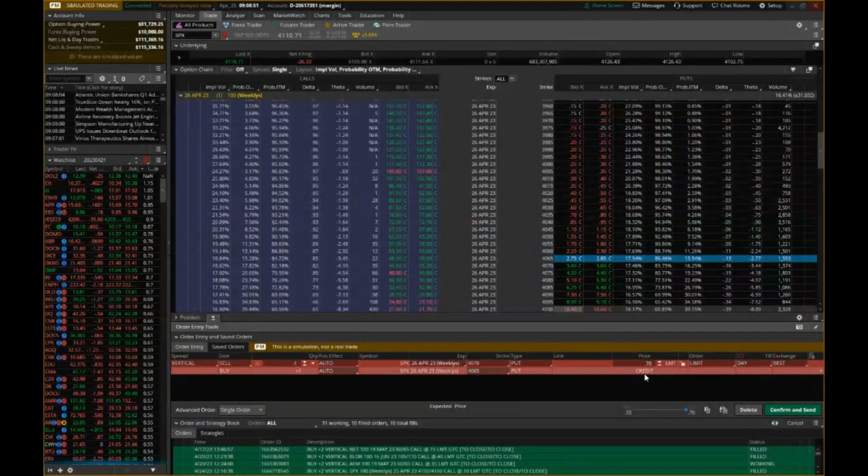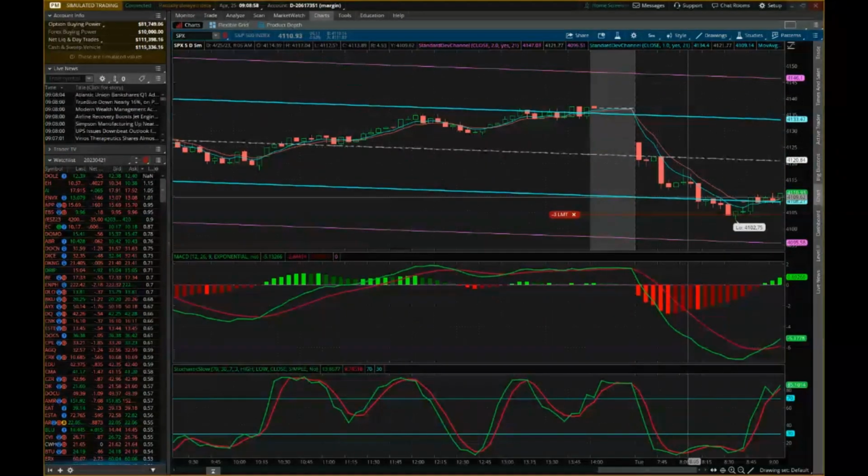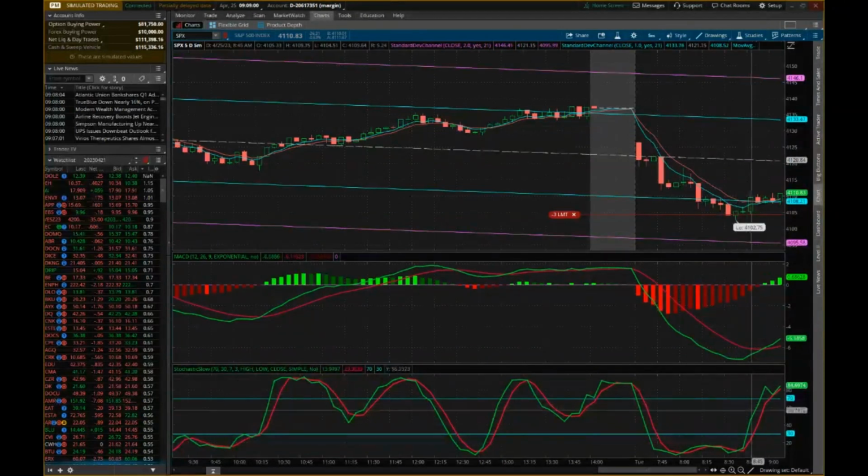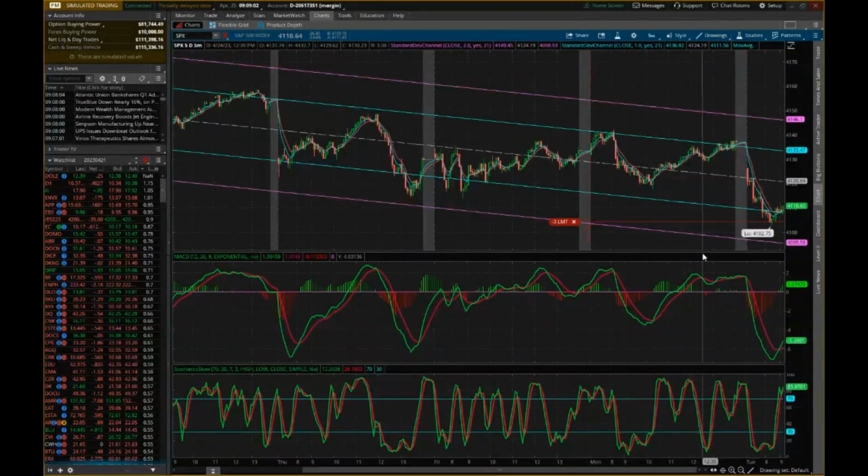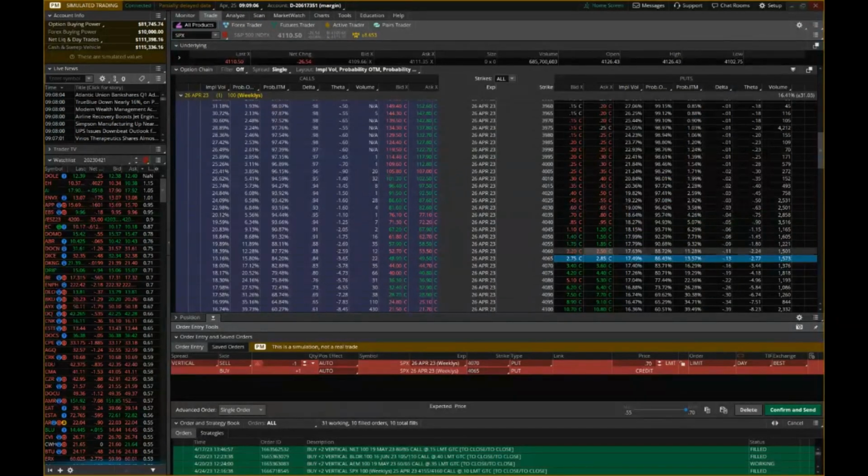So 4070 is way down here. So it's saying it's got a 83% chance of expiring out of the money.